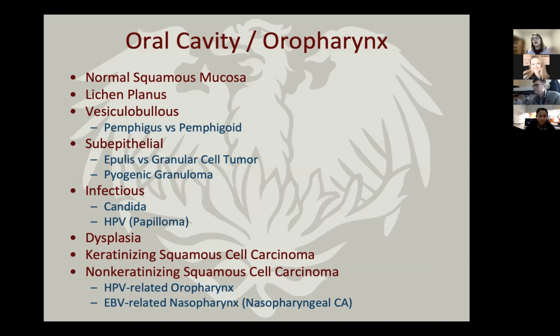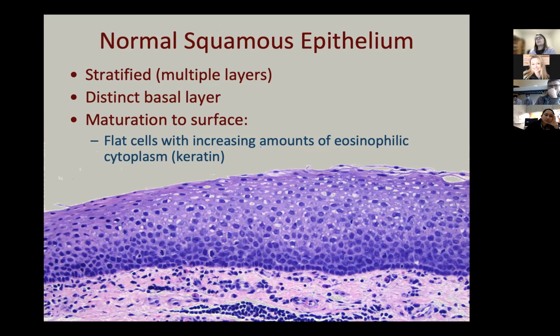Okay, awesome. So we'll start in the oral cavity, oropharynx, and move on to sort of the larynx. And so we'll talk about a number of infectious and neoplastic diseases. So just as a reminder of what normal squamous epithelium looks like, we know that squamous epithelium lines the oral cavity, it lines the larynx, it certainly lines some of the tracheobronchial tree, especially if there's injury, right?